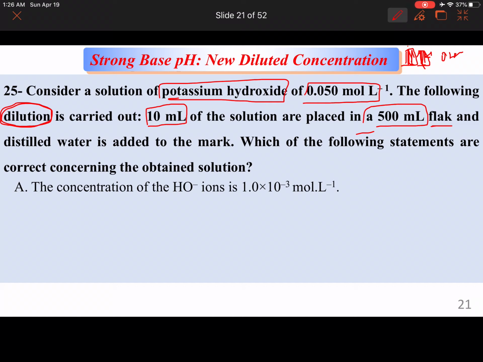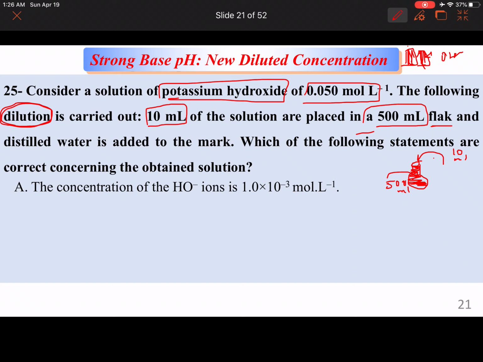So if I have my original solution, I'm going to take from the original solution 10 mils and put it in a volumetric flask, which has a mark that you fill the water to the mark, and once it's filled, this is a total volume of 500 milliliters, okay?